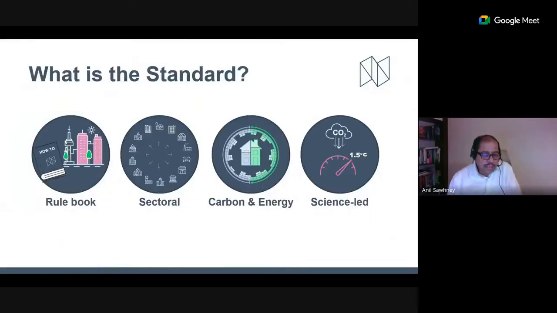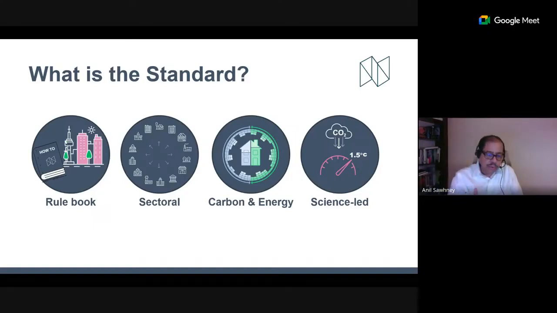The standard consists of a rule book. You can go to their website. It's freely available, download it. They call it sectoral, but really it is for all building typologies. So the UK Net Zero Carbon Buildings Standard, keyword buildings, is essentially not for infrastructure, but for all or major types of buildings, as you can see on the screen.